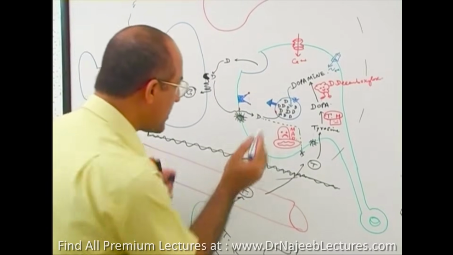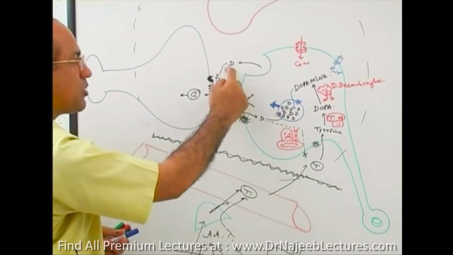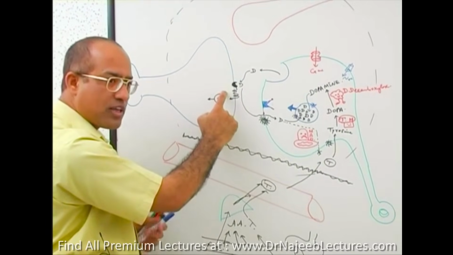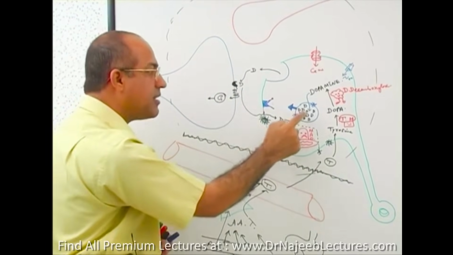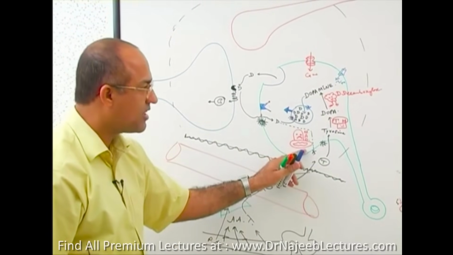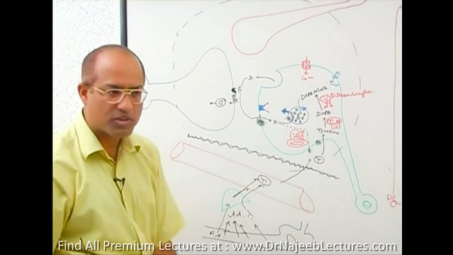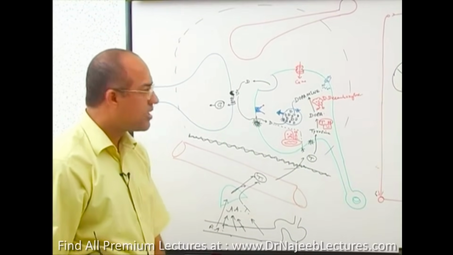So this is, you can say, biological economy at the molecular level: we take the dopamine out, it gets its action on the postsynaptic membrane, then we recapture it and restore it. And a small percentage which is lost is compensated by, again, synthetic effort, or synthetic machinery. Any question up to this?